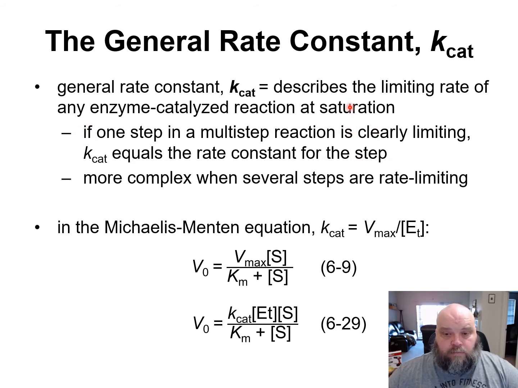If we have a rate-limiting constant going from E plus S to ES to EP to E plus P, if any of those steps is rate limiting, whatever that rate limiting step is, that's what we call the K-cat. If they are all equal, there's no one, then it is the average across. But we find that the more steps you add into this enzymatic reaction, more steps will become rate limiting, more and more. The complexity becomes too much.